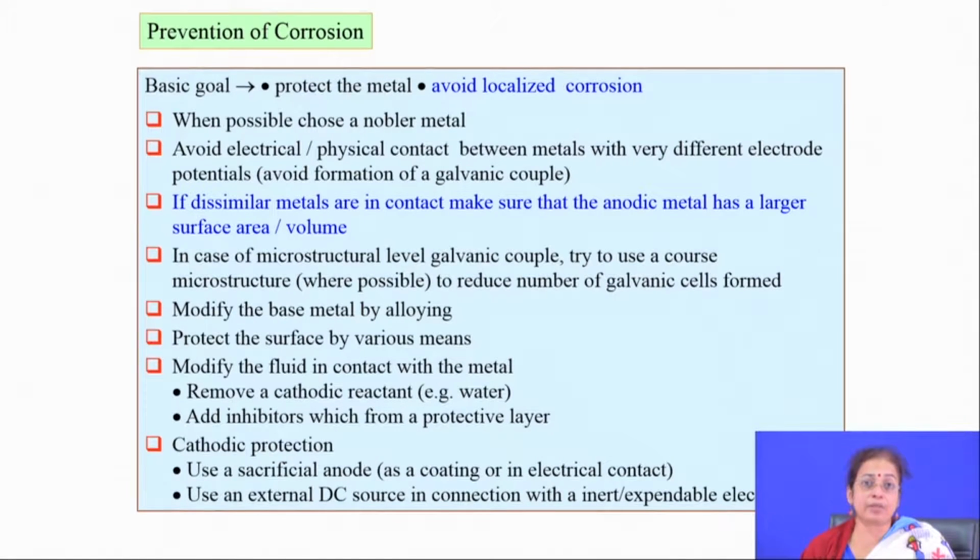Protective means that the film formed out of that alloying element is highly stable in terms of its strength, its diffusivity through the oxide is very low, and its ionic conductivity is low. So, the films forming on the surface are highly protective in nature.